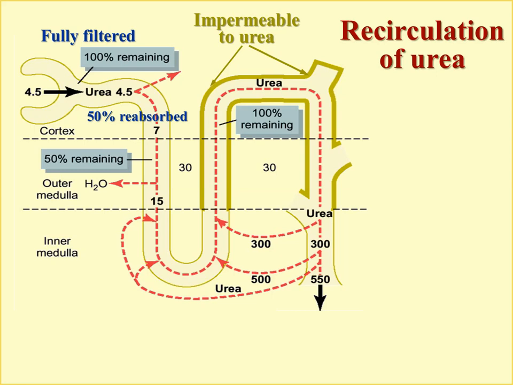But then it comes to the thick ascending portion, where the membrane is totally impermeable to urea. You see again, impermeable to urea is a big part of the nephron: the ascending thick portion of the loop of Henle, the total distal tubule, and even a portion of the collecting duct. And just the lower portion, which passes through the inner medulla, is permeable to urea.